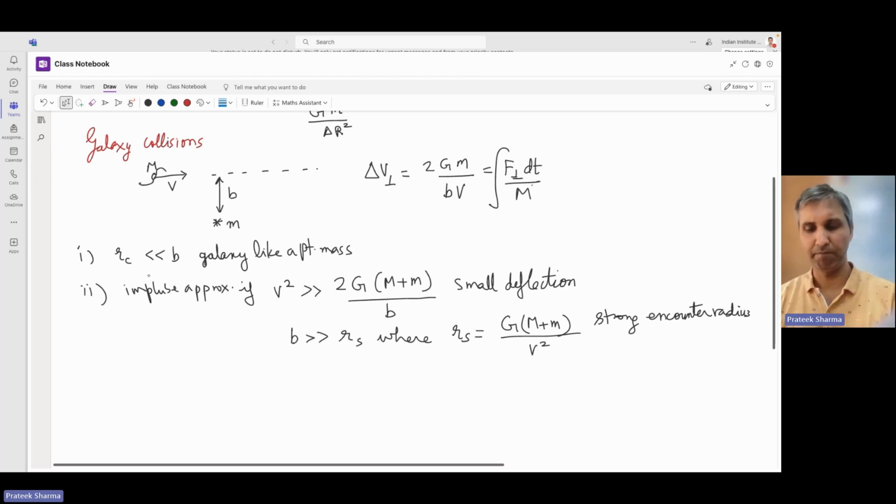So this is your delta V perp. This is the key. This is the velocity kick that the galaxy gets when it encounters the small mass m.